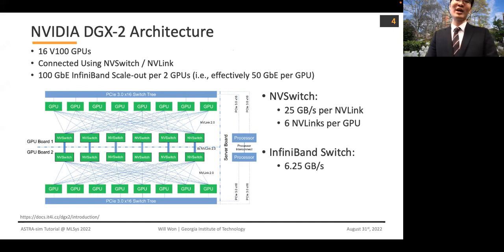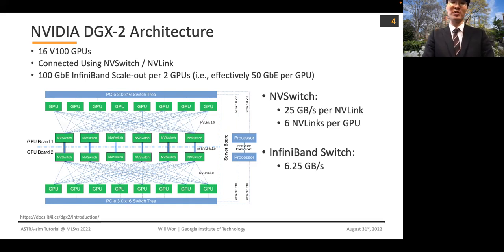So I'm showing the NVIDIA DGX2 architecture here. In the first dimension, each DGX2 has 16 V100 GPUs, and they are connected via NVLinks and NVSwitches. Then these DGX2 boxes can be scaled out using 100 gigabit Ethernet. That 100 gigabit bandwidth is shared per every 2 GPUs, so from each GPU's perspective, the effective bandwidth is 50 gigabits.